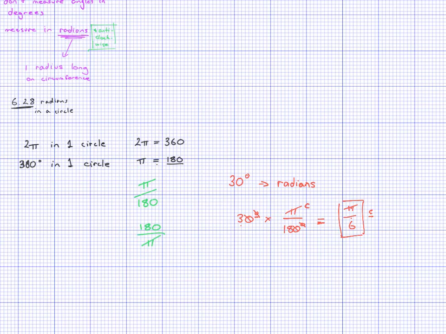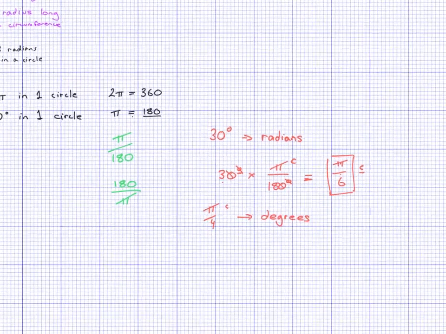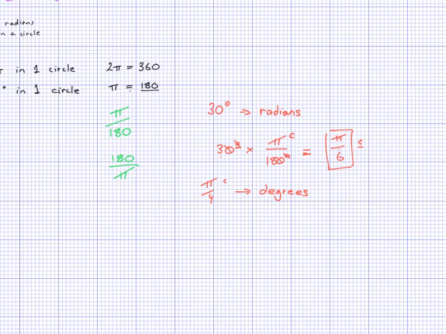All right, so let's have another look at a different one. What about if we were to convert pi on 4 radians into degrees? All right, so I'm converting an angle in radians to degrees. So pi on 4 multiplied by something, and the answer has to be degrees. So again, I need the label in the answer to be degrees.